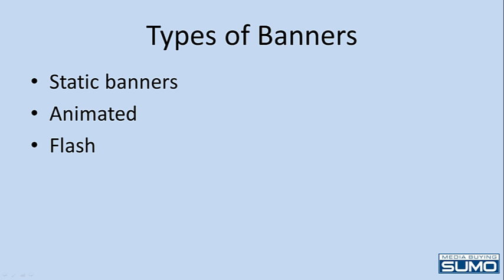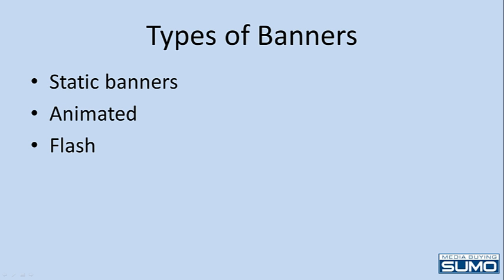Now, obviously, the downfall of animated banners is that they have a bigger file size than static banners. They take more time to load, and that can in itself hurt the click-through rate. But I think the benefits of the animation outweigh the negative aspect that the banner takes a little bit more time to load up.